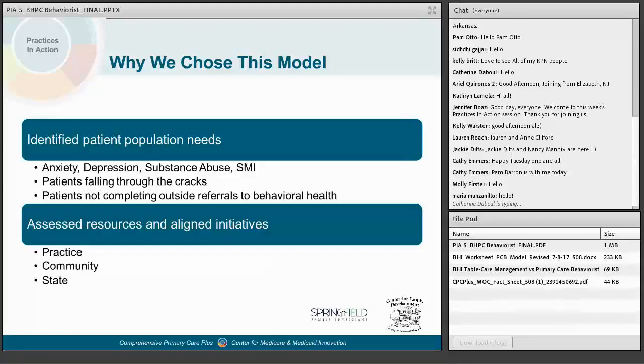And what we were able to find was that patients just had much more access to behavioral health services within the clinic, and that the communication between the behavioral health providers and the primary care providers was much smoother.